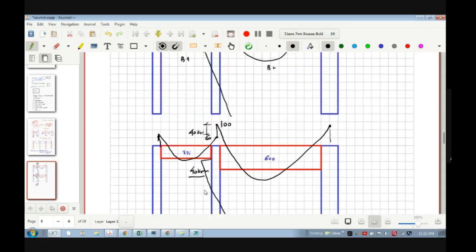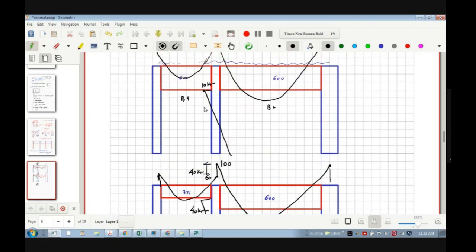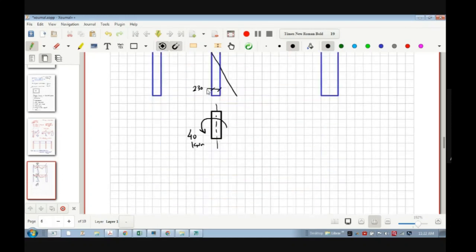And here it is only 10. Minor axis moment. So all of you who have already learned the Excel programs and manual calculation, you will understand this. All of you know that whenever there is a maximum value of moment on the minor axis, the column design will be very heavy.